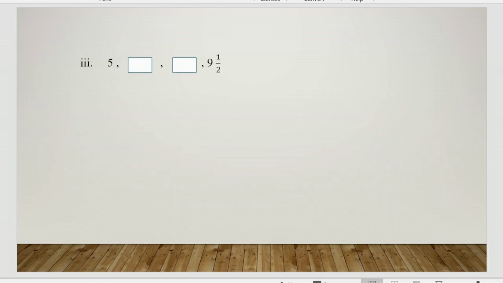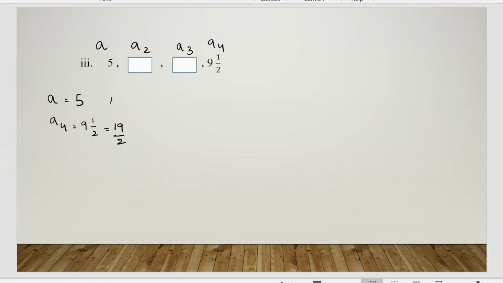Now let us see the third bit. This is your first term, this is your second term, this is your third term, and this is your fourth term, right? So he has given us A is equal to 5 and A4 is equal to 19 by 2.